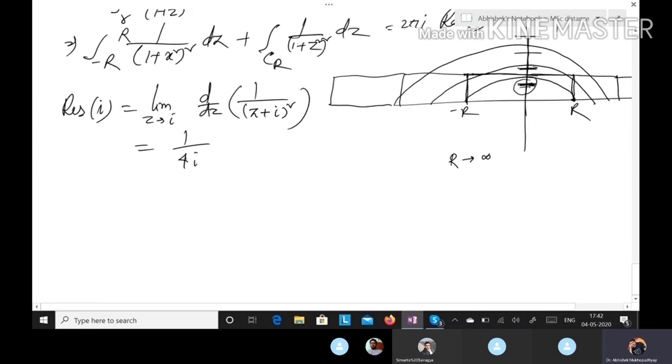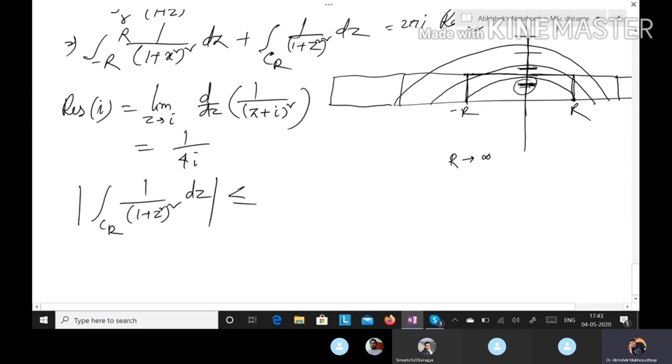And again, in the same way as we did in the last problem, just consider the estimate of the modulus of this integral, 1 by (1 plus z square) squared over C_R.